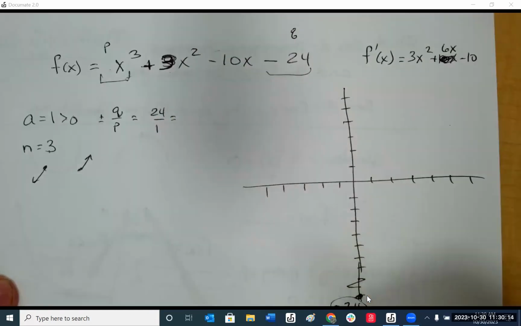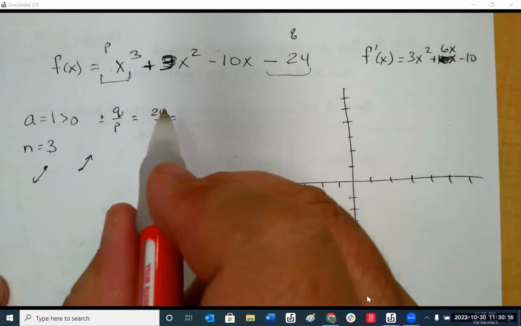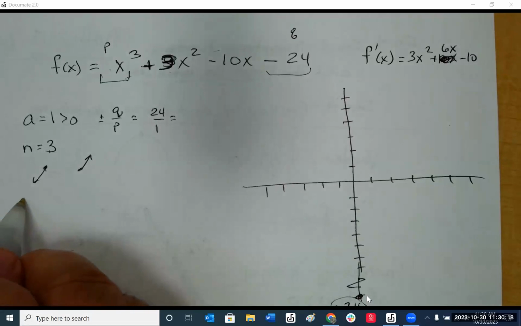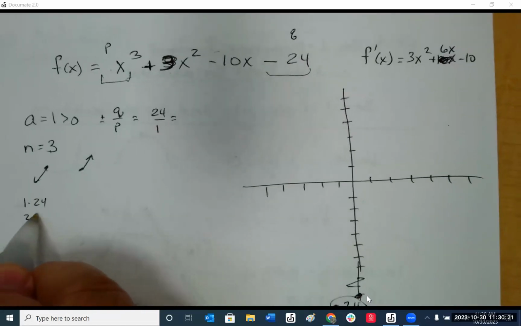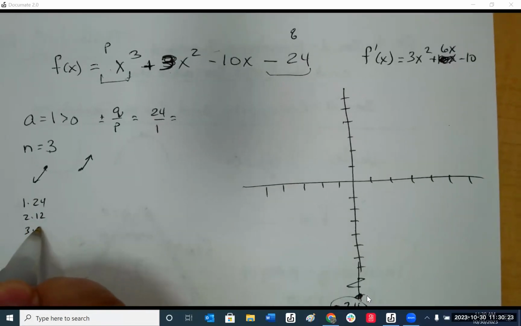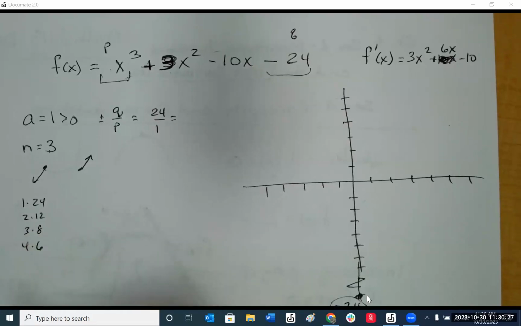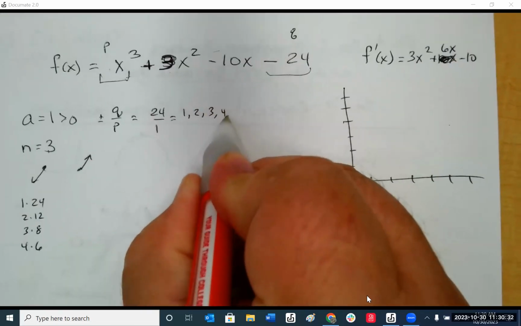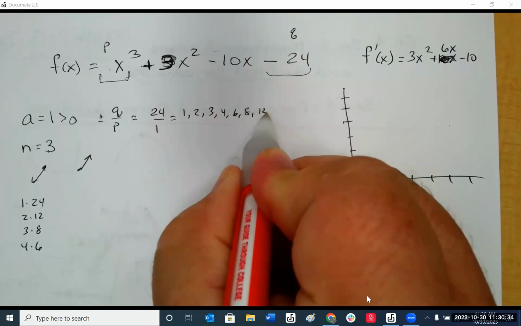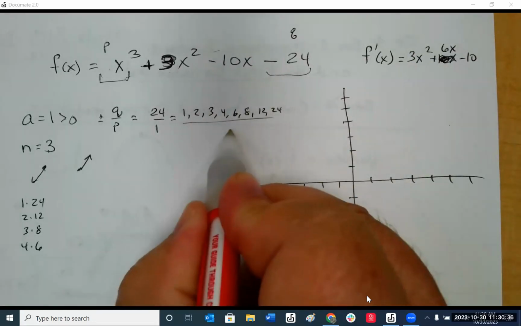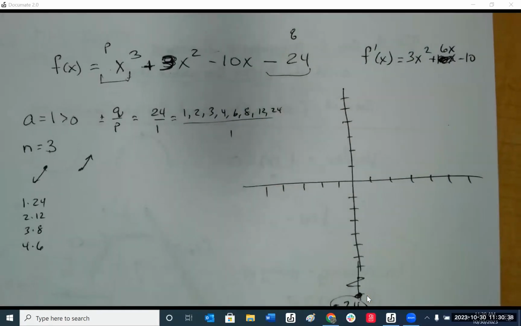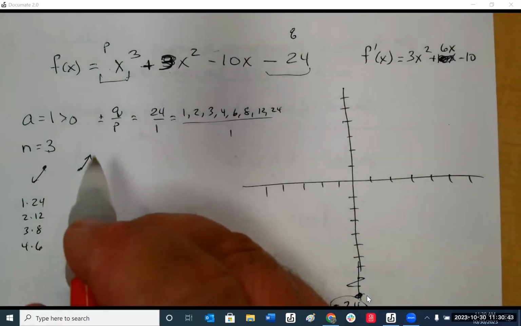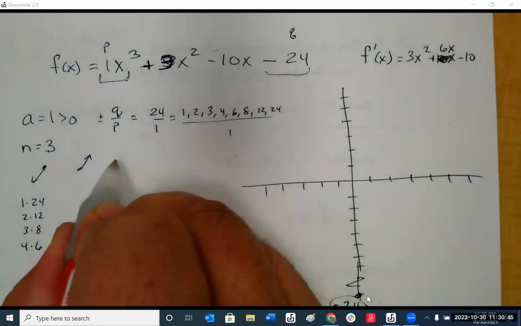What are all the possible factors of 24? 1 times 24, 2 times 12, 3 times 8, 4 times 6, all over 1, because the leading coefficient is 1.